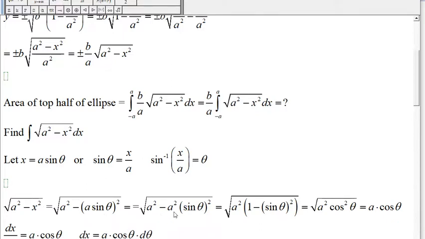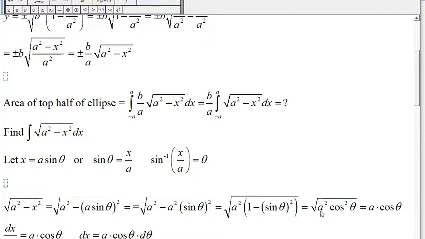This is the same as a squared minus a squared sine squared. The common factor here is a squared, so let's factor out the a squared, and what's left is 1 minus sine squared.